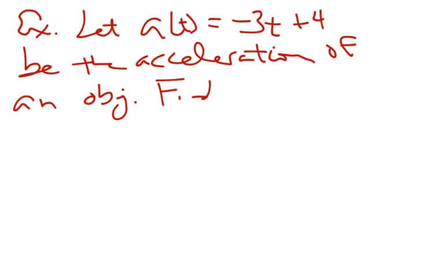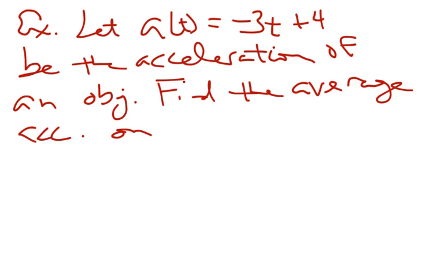And let's find the average acceleration on the interval from, let's say, 2 to 7 units of time, whatever those happen to be. Pause the video and go try to work this out for yourself.